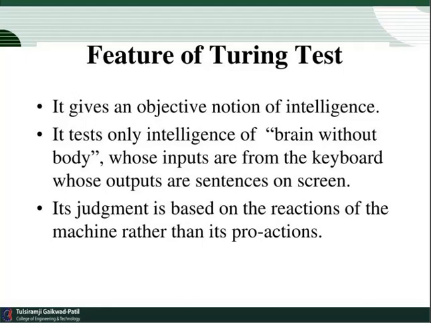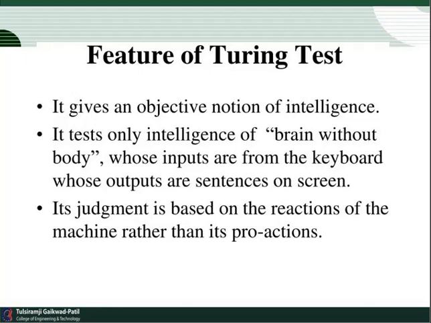So we can consider any particular machine which has a brain but doesn't have a body like a human, but is still able to give intelligent answers. The inputs to such a system are given from the keyboard, and when the machine reacts to our queries, the outputs will be seen on a screen as sentences.